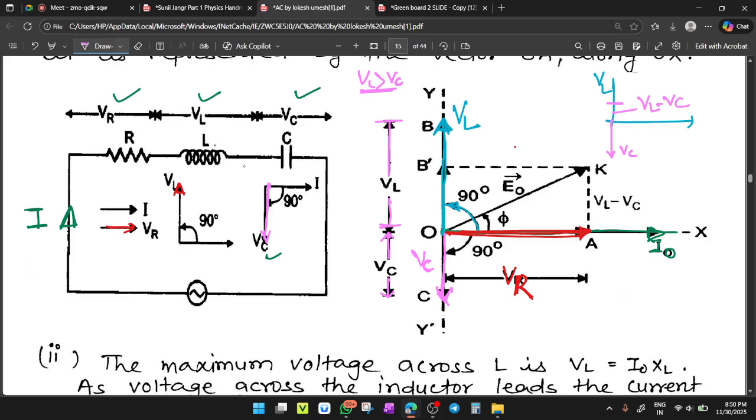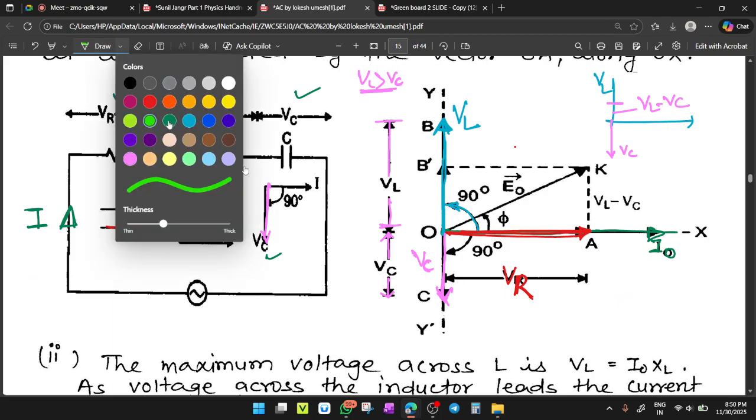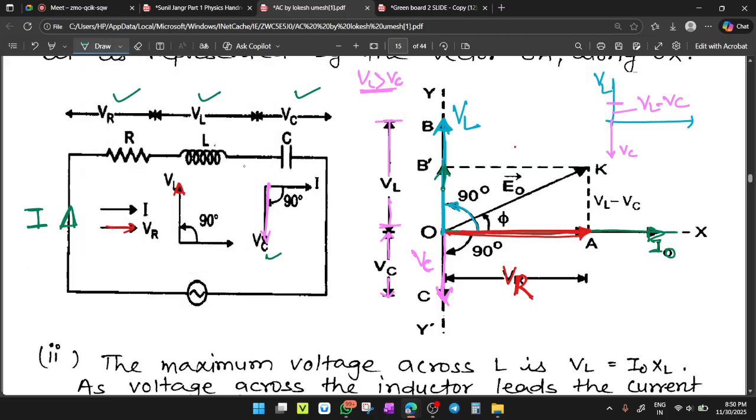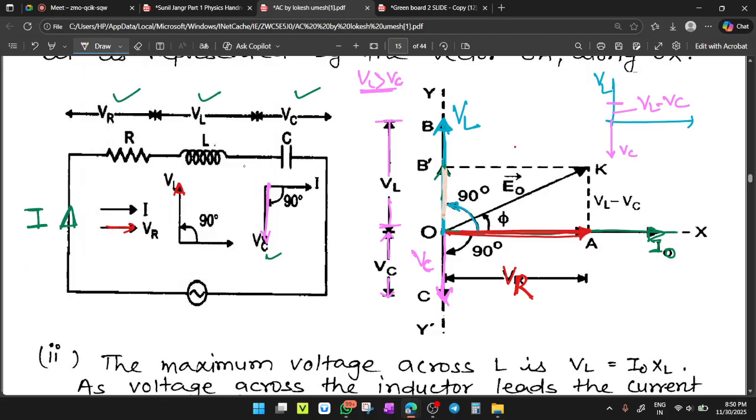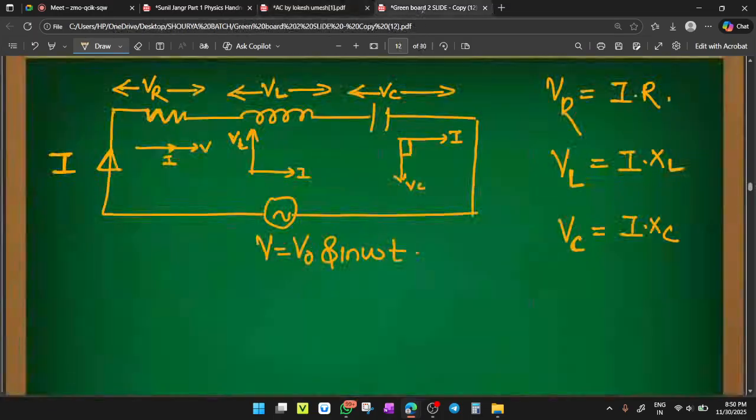So let us suppose this is the reduced voltage and this is equal to VL minus VC. Fine. I have shown it by this cream color, VL minus VC. So once again, first we have selected the basic phasor, current I. VR is in phase with the resistive voltage.